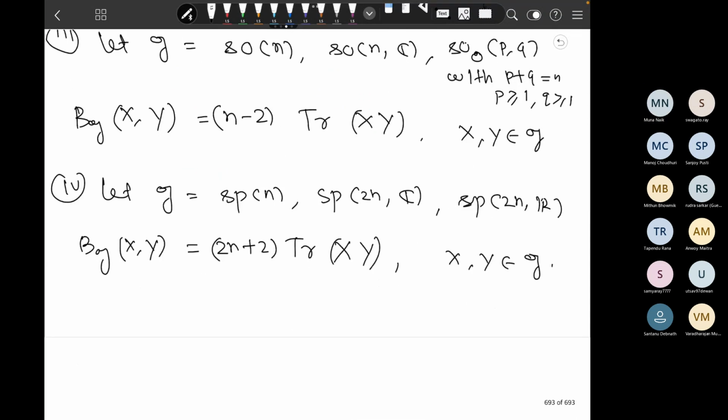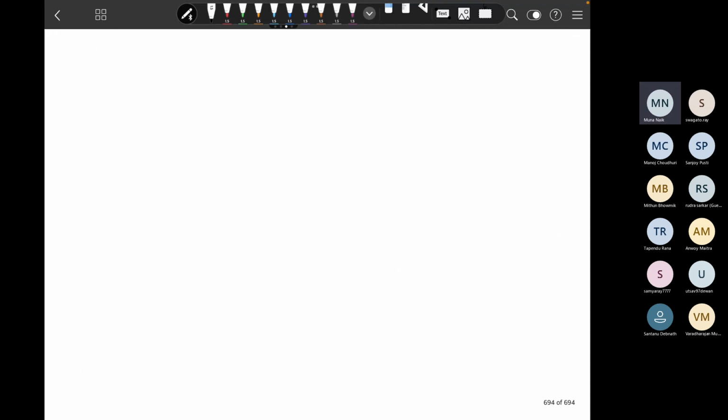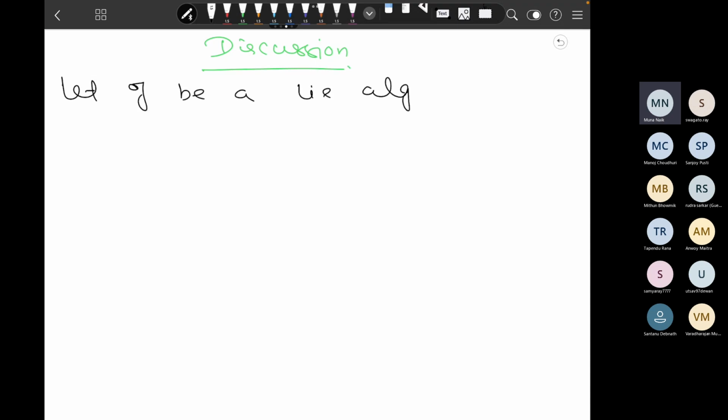Discussion: let G be a Lie algebra listed in the previous page.